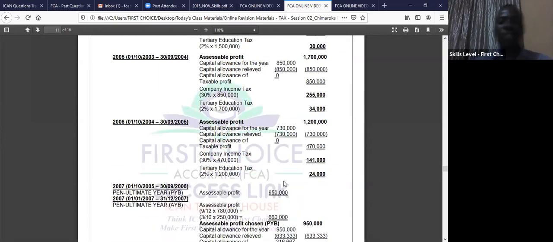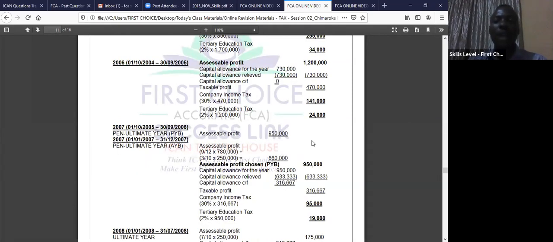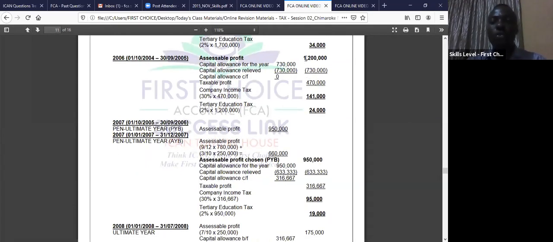Now let's go to 2006. We are approaching something interesting. As usual, we take our 12 from year ending 25. Capital allowance is 730. No restriction, just as we know. Now, something of importance to me now is the 2007, which is the penultimate year.